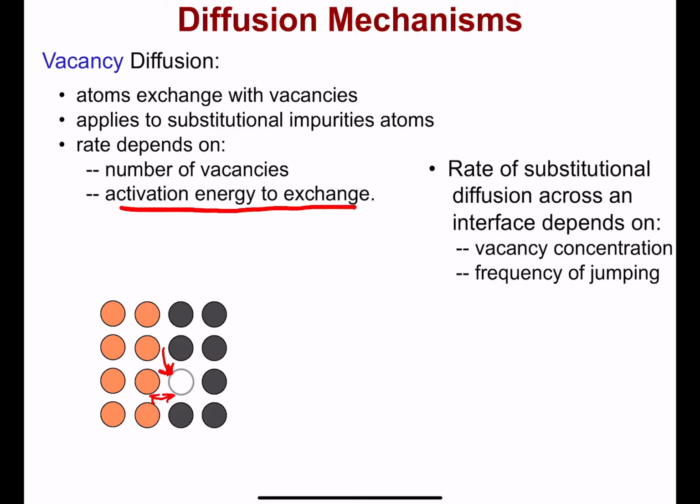Okay, so we see here that the rate of substitutional diffusion across an interface depends on vacancy concentration, as you might imagine. The more vacancies we have, the more likely it is for atoms to make use of those vacancies to exchange positions, and how frequently they are jumping has something to do with the activation energy. Okay, so those two are related.